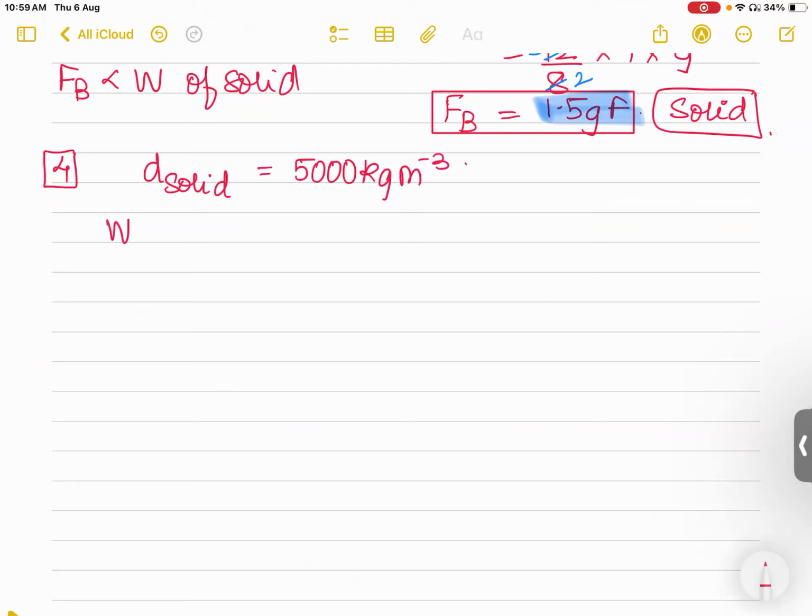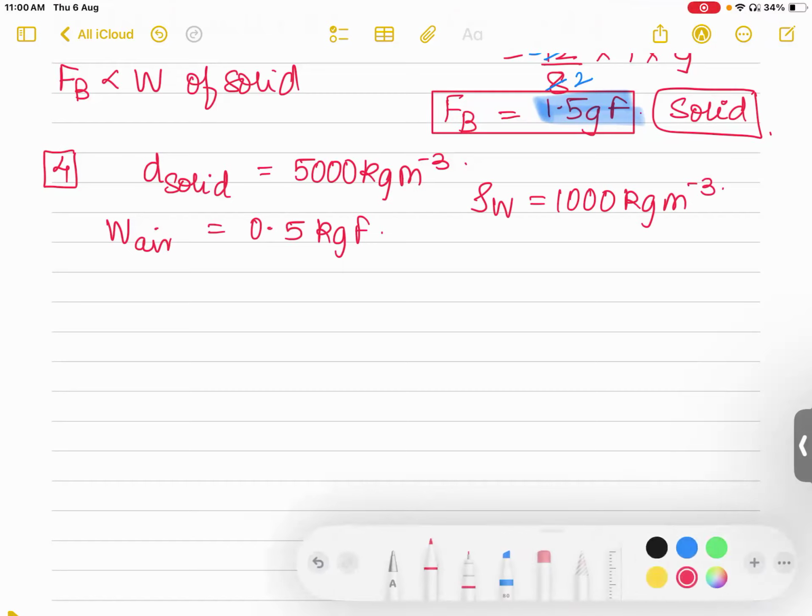Its weight in air is 0.5 kgf. It is completely immersed in liquid of density 1000. So density of liquid, or density of water, is 1000 kg per meter cube. Find out the apparent weight.